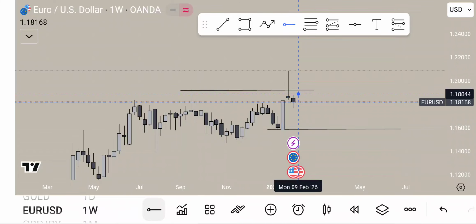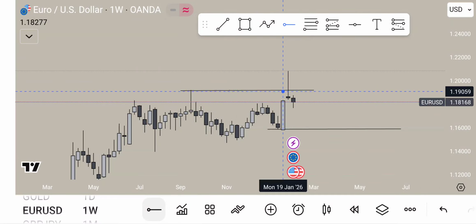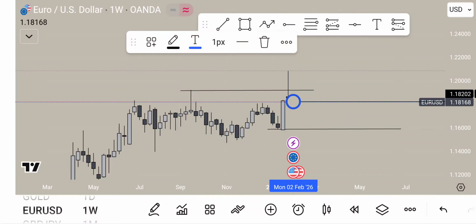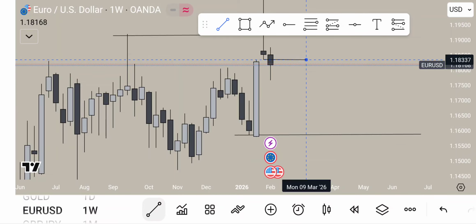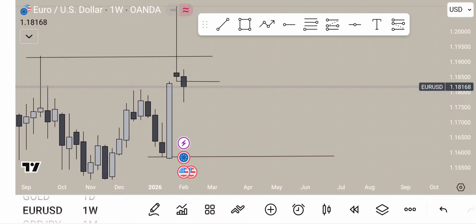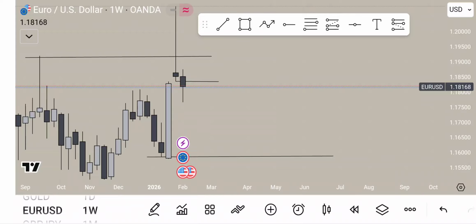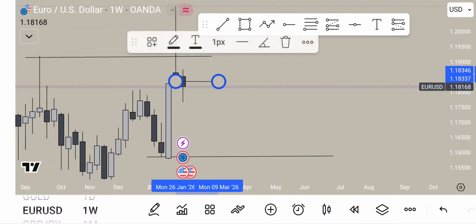The market struggled to put in buyers to push this candle up, but sellers were stronger. It's still closed as a body below the previous week's candle, which shows that the market is still strongly bearish.